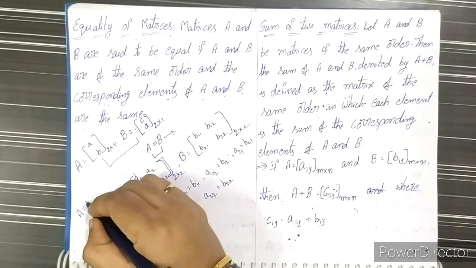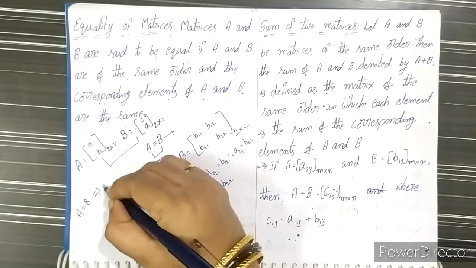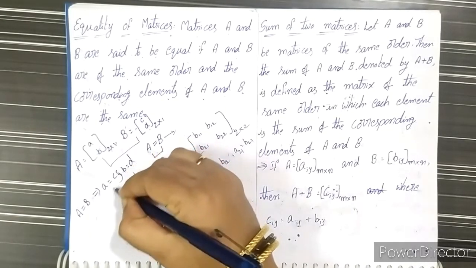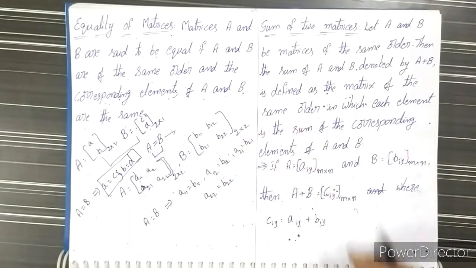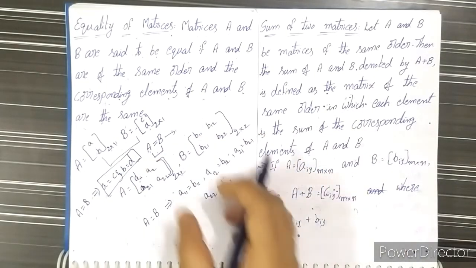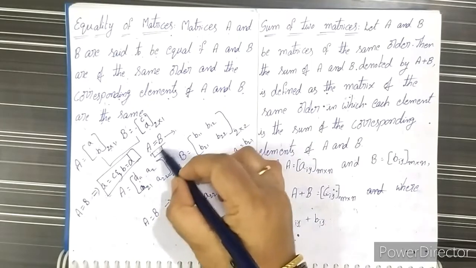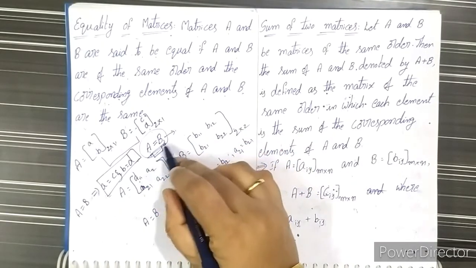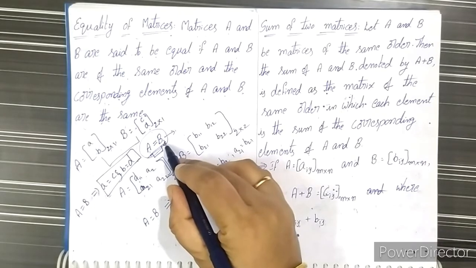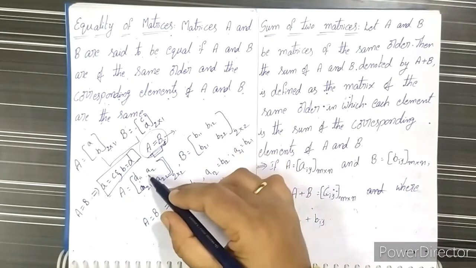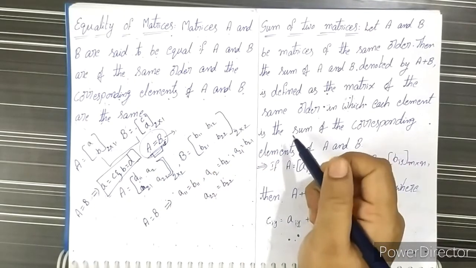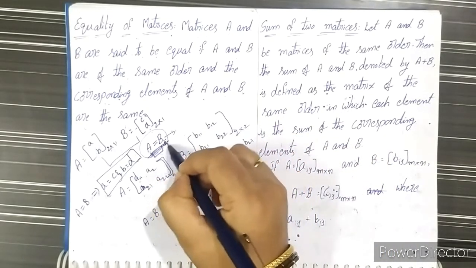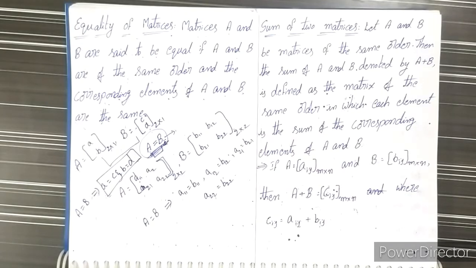Then if A equals B, A equals C and B equals D. If any two matrices are equal, then their order is the same and the corresponding elements are equal to each other. Then we say that these two matrices are equal.